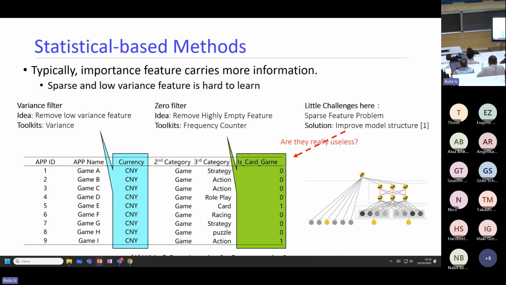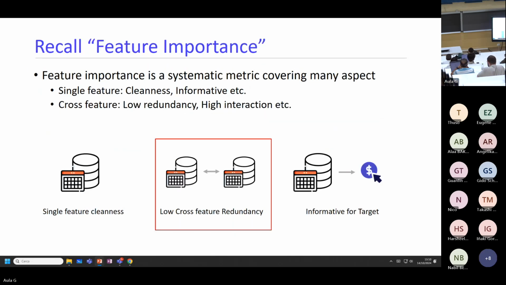For example, we can reference the wide and deep structure and put some very sensitive features into the wide tower, so they can directly link to the prediction output and provide their information. The second aspect is that they have low cross-feature redundancy.